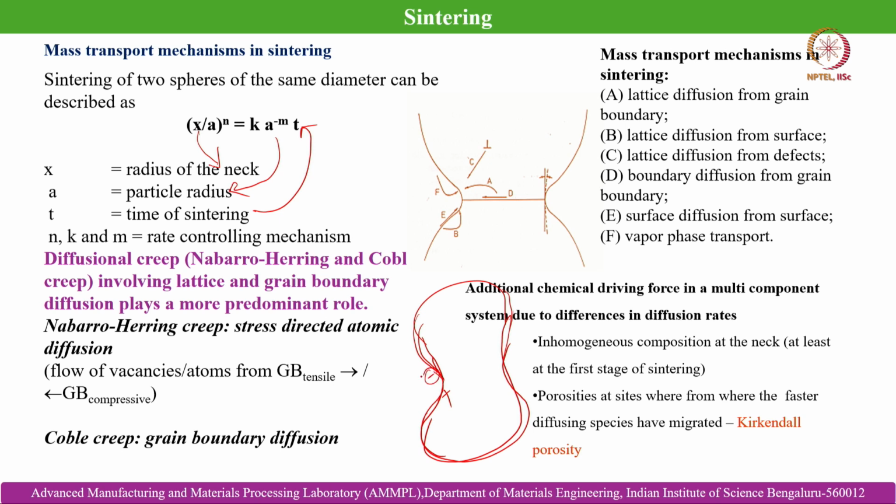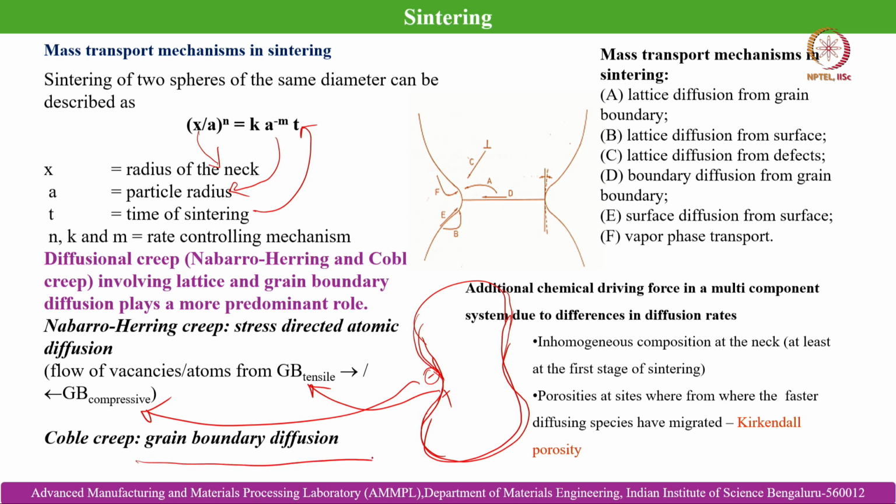So the flow of vacancies and atoms from GB tensile means from the concave boundary, the grain boundary at the concave boundary, termed GB tensile, and the convex boundary is termed GB compressive. So the Coble creep is due to grain boundary diffusion.